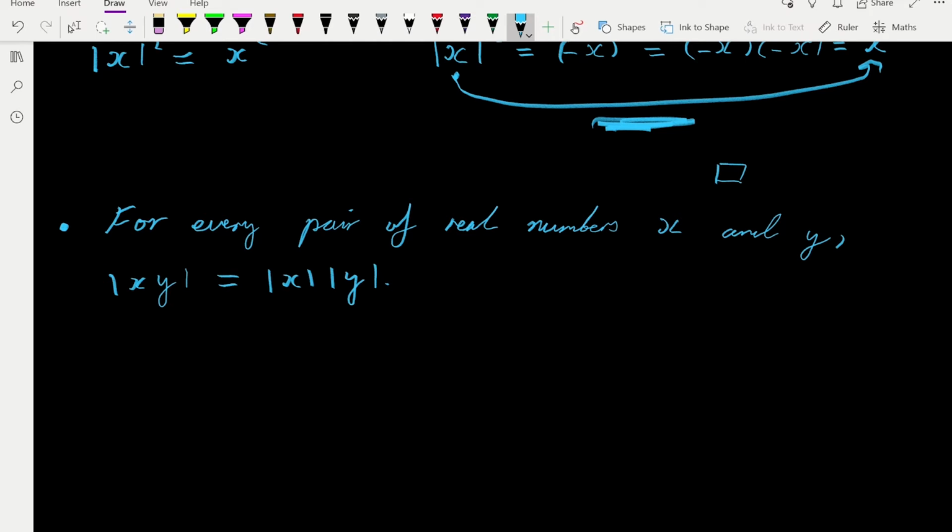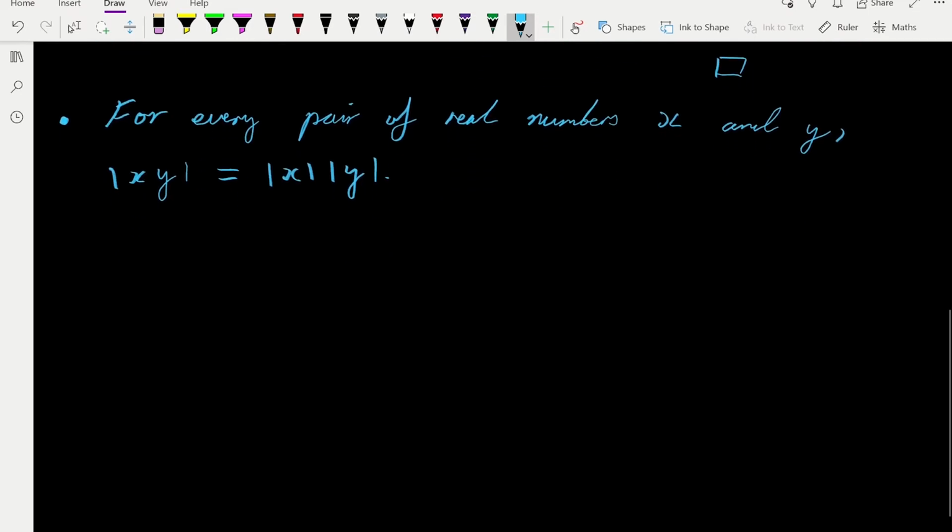So y is greater than or equal to 0 and x is strictly less than 0. But really, case 3 and 4 are the same. They're really just saying that one of them is greater than or equal to 0 and the other is strictly less than 0. So even though there's 4 cases, we really only have to consider 3 because 3 and 4 are pretty much the same thing. It doesn't matter which one we say is greater than or equal to 0 and which one we say is less than 0. The same thing is going to happen.